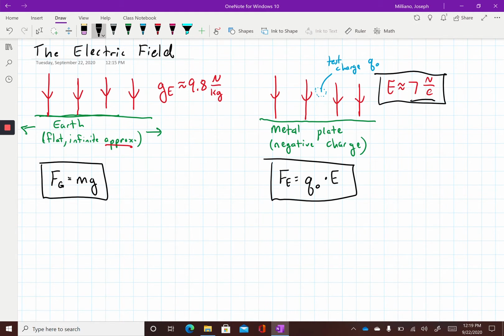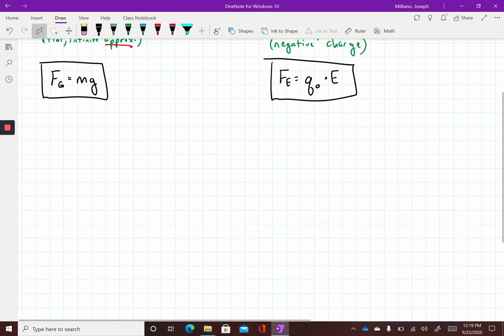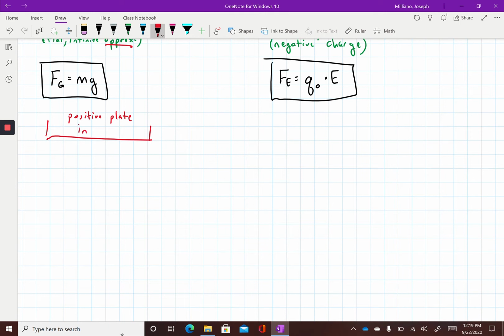There's some additional things I want to throw out there. A negatively charged plate down below will have the same field strength as a positive plate from above, and that's, again, the infinite flat approximation.